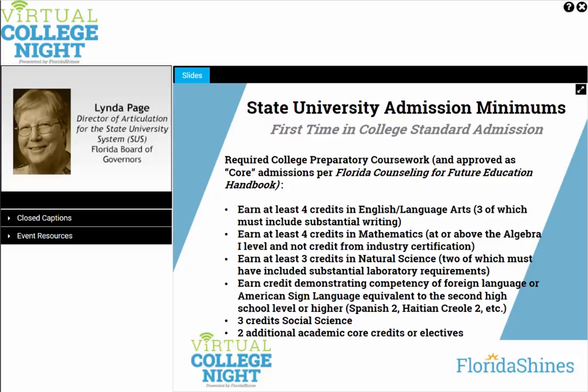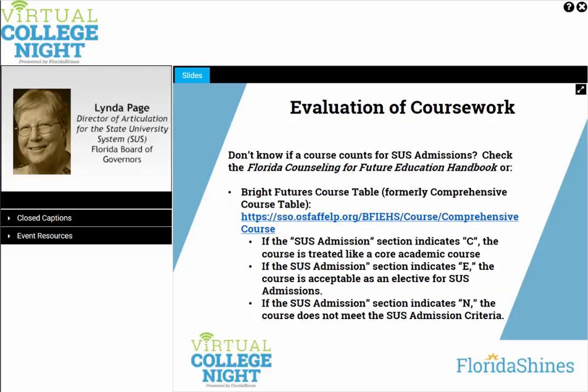This slide reflects the 16 core course requirements and 2 electives for the coursework expectations. Not all of the high school courses taught in English, math, social science, and the natural sciences are considered eligible as core college prep coursework for SUS admissions.